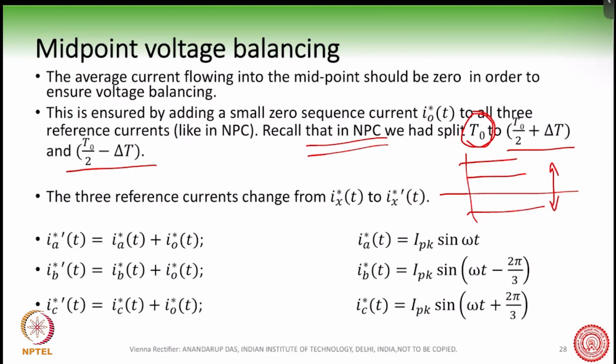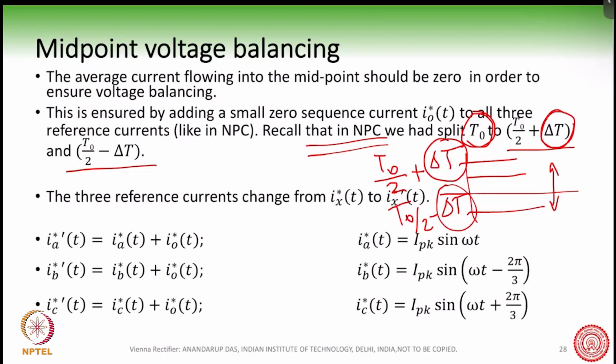But the T0 times get changed. So instead of T0 by 2, like in space vector PWM, this becomes T0 by 2 plus delta T, and another one becomes T0 by 2 minus delta T. So it will cause the capacitor voltages to change depending on how much delta T and how much is the instantaneous current. We can recall that one.